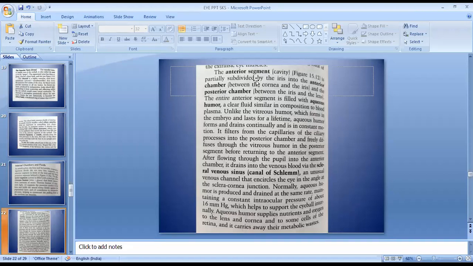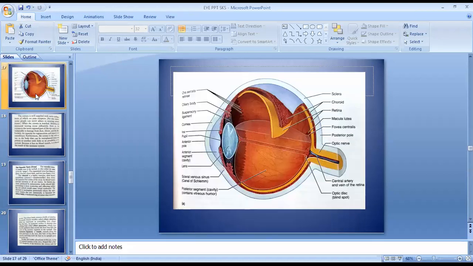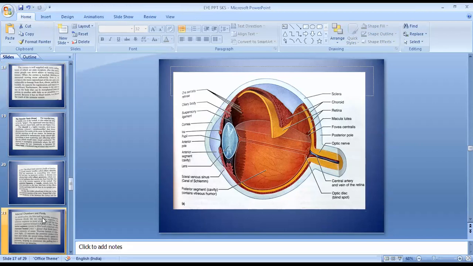So you see, there is one chamber over here between the iris and the lens. You can see the thin gap between them, and another chamber is over here between the iris and the cornea. We are talking about these two chambers.